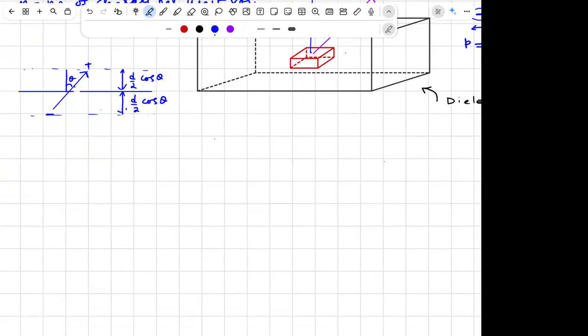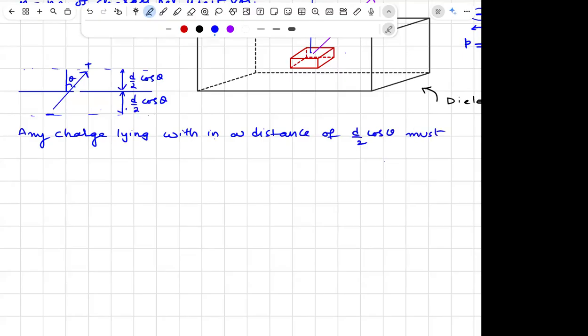So therefore, any charge lying within a distance of d by 2 cos theta must have crossed downwards or upwards.